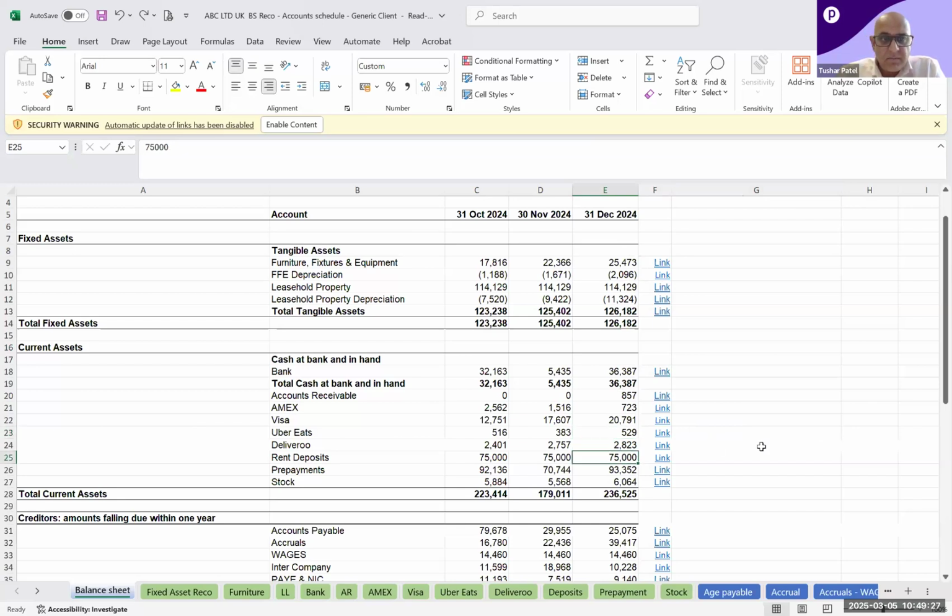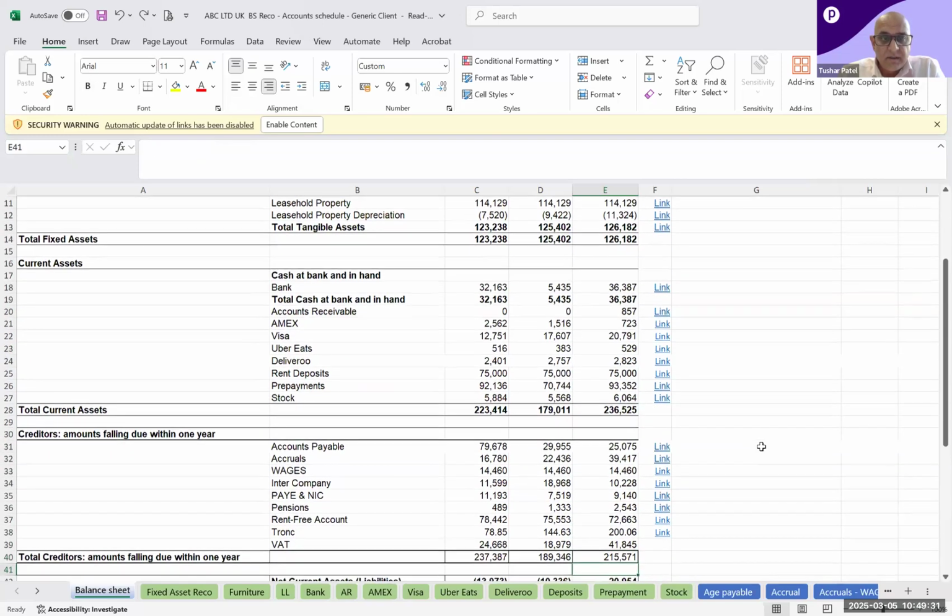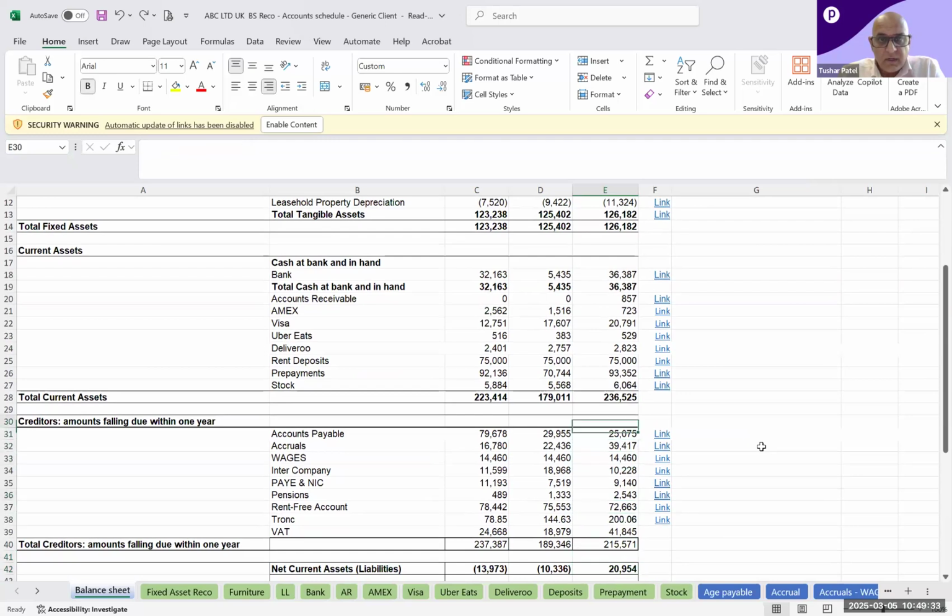If you're a new startup and have just taken on a new lease, normally the landlord will ask for a rent deposit. In this fictitious balance sheet, it is 75,000. That balance basically sits there and supports your ability to pay the lease payments to the landlord.